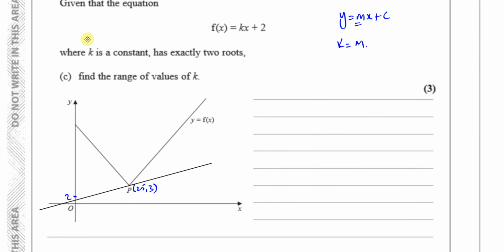Okay, so what we can do here is think about this line. Now this line is going to go through 2 here, and it's going to have a gradient that varies like this. This line here will continue on forever.